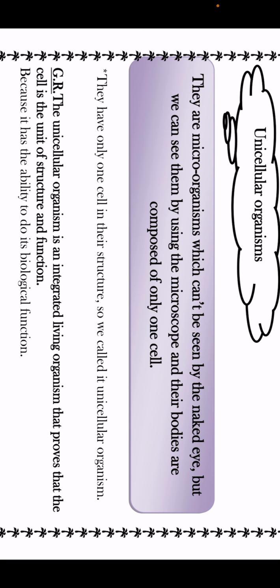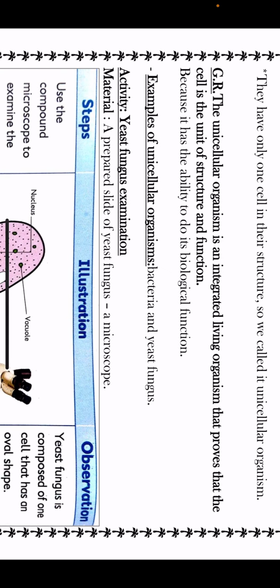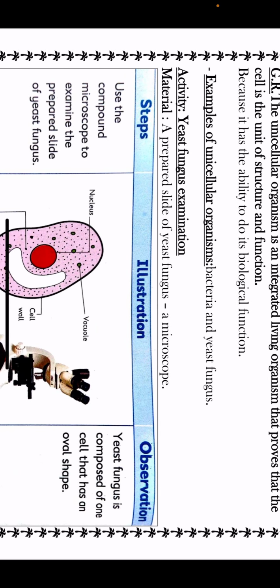The unicellular organisms prove that the cell is the unit of structure and function because this one cell has the ability to do all biological operations. Examples of unicellular living organisms are bacteria and yeast fungus.